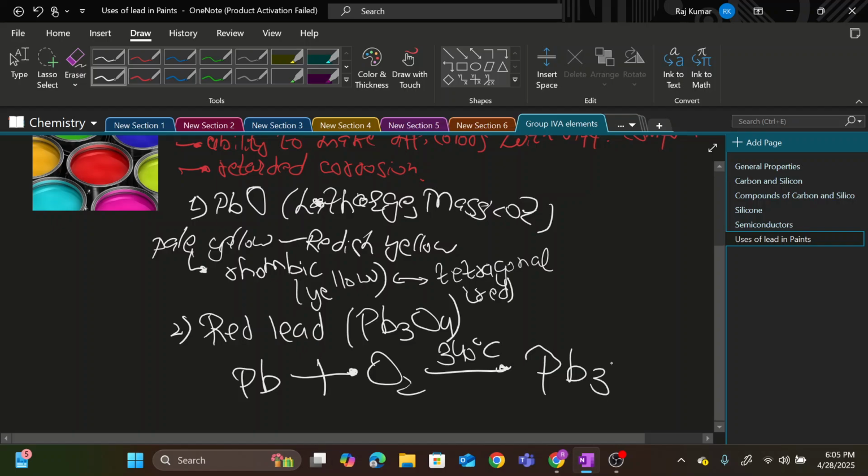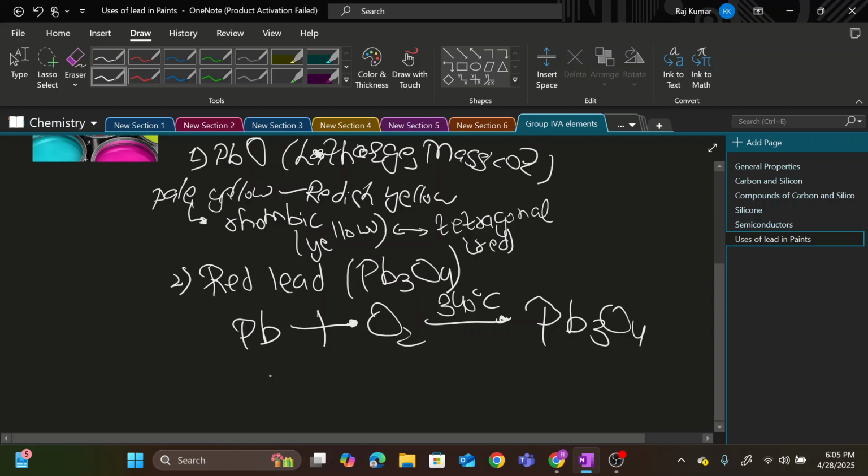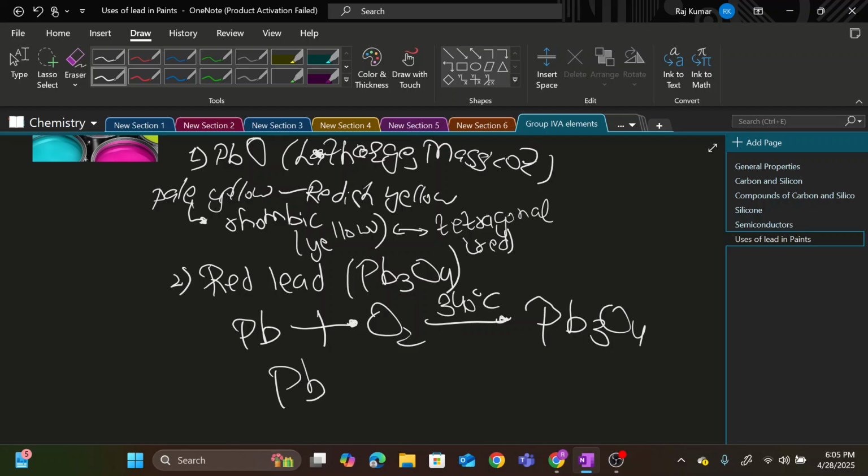tri-lead tetraoxide. That tri-lead tetraoxide is a reddish brown pigment which can be used for painting over iron and steel to prevent corrosion, as well as in the manufacturing of lead storage batteries, flint glass, glass paper, ceramics, and matches.